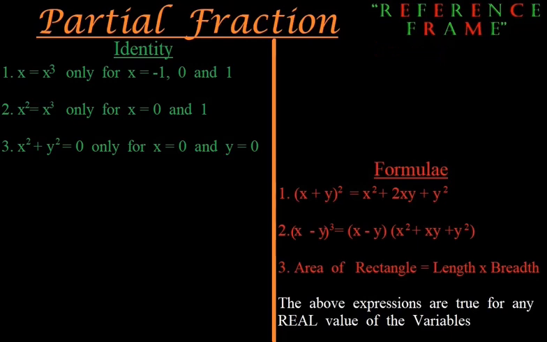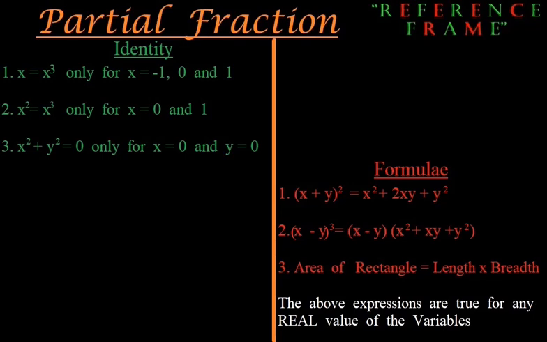But if you look at the screen, for formula, look: (x plus y) whole square is equal to x square plus twice xy plus y square, (x minus y) whole cube is equal to, as you know the formula, area of a rectangle is equal to length into breadth. Whatever the situation is, that doesn't matter.